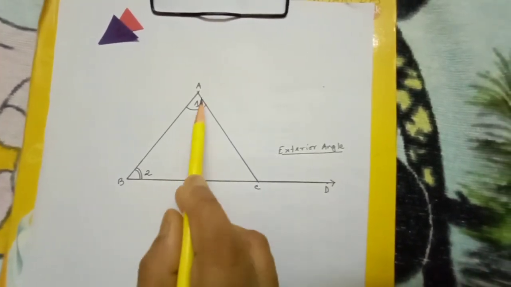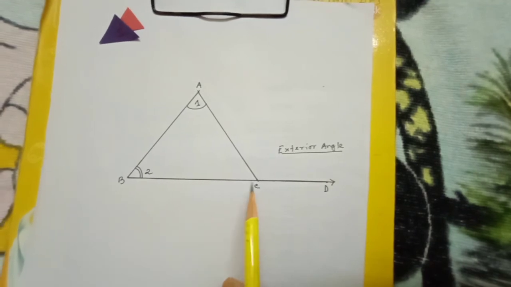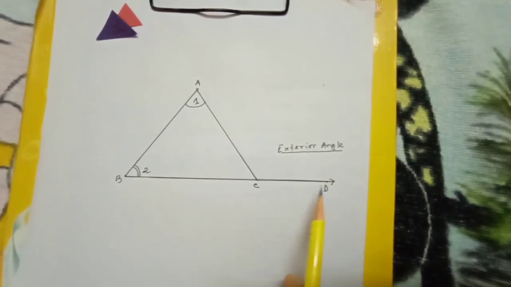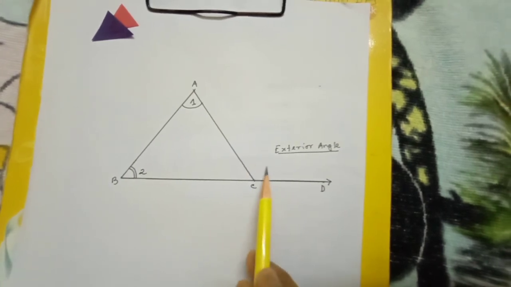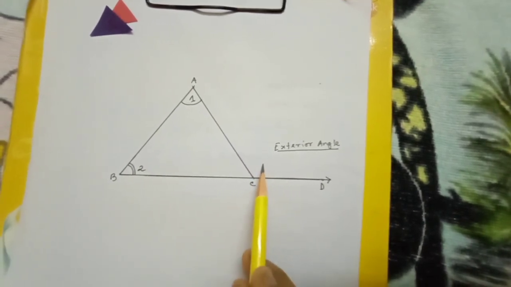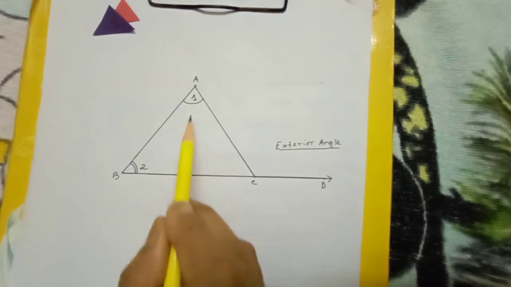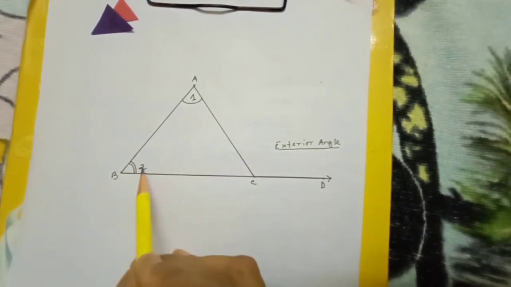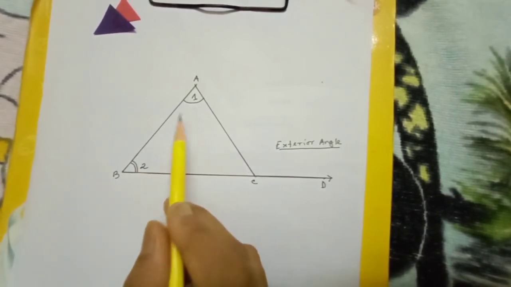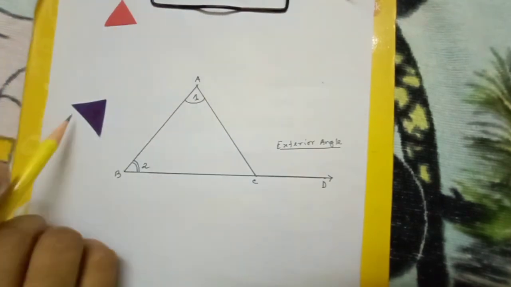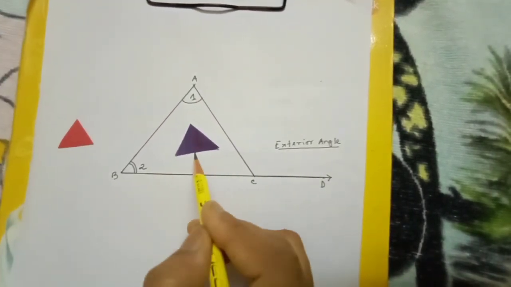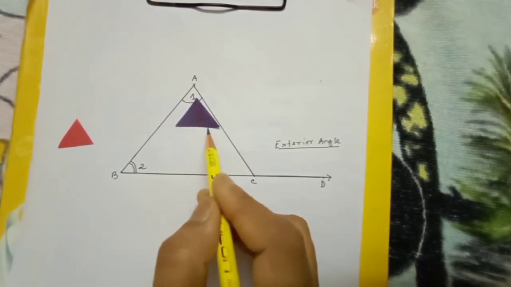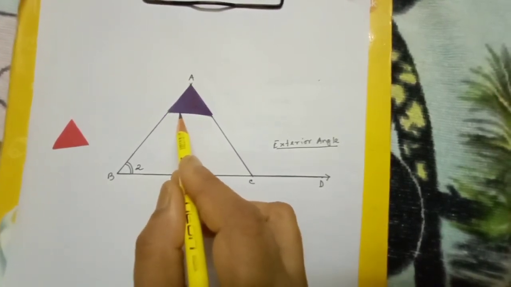I have drawn ABC and I have produced BC to D to make one exterior angle. We have to check that this exterior angle is equal to the sum of these two interior opposite angles. Let us take the measurement of these angles.